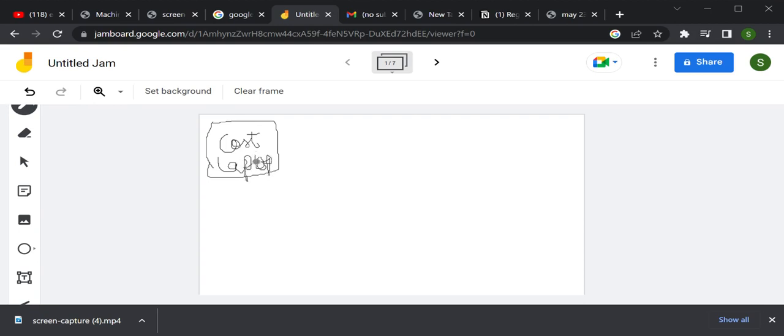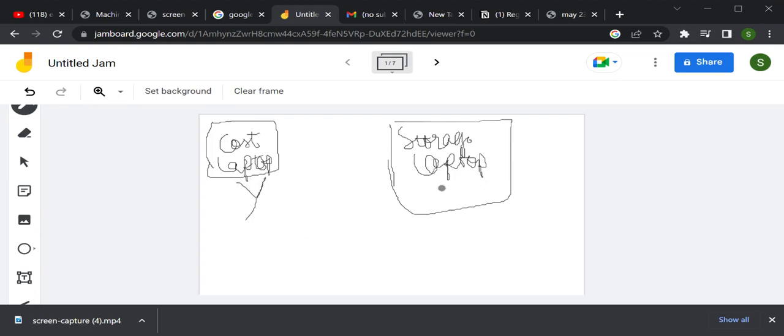Okay, and this is one data that we have to find, and the other data that we are provided is the storage of laptops. Now consider this as y and consider this as x.